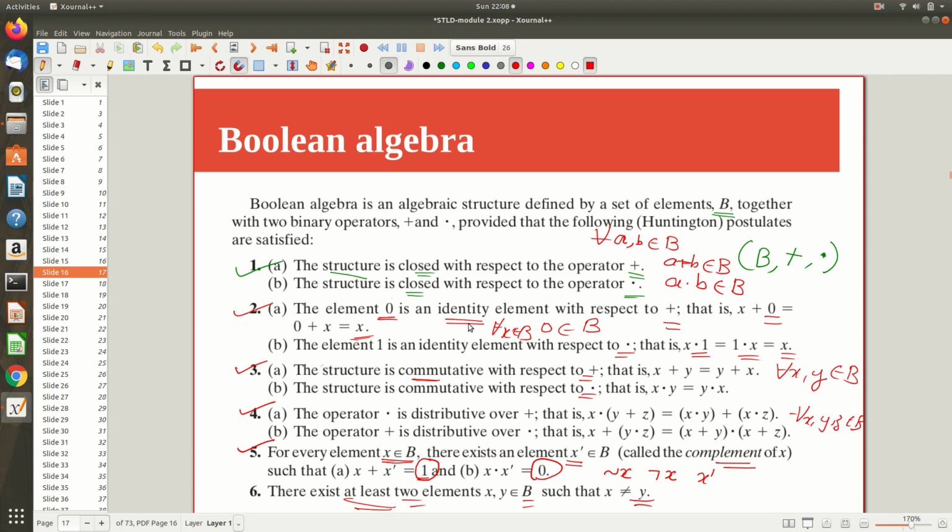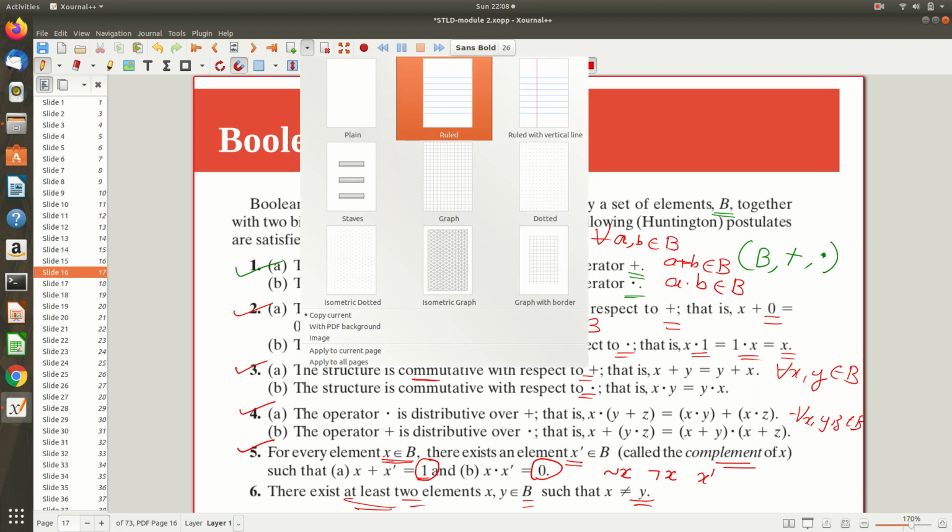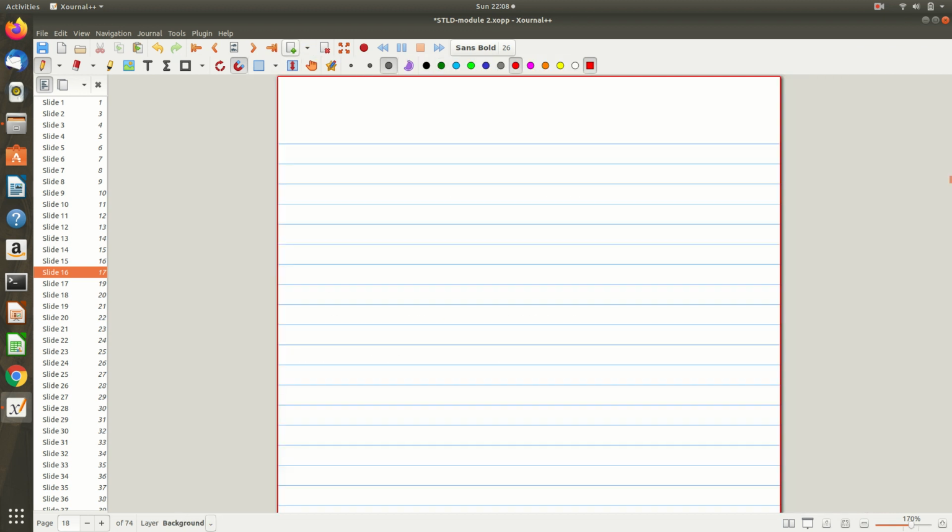Now let me have a quick comparison of this concept with the so-called ordinary algebra. Something like what we saw in Boolean algebra and what we already saw in ordinary algebra. If you remember, in ordinary algebra we discussed 6 properties mainly.